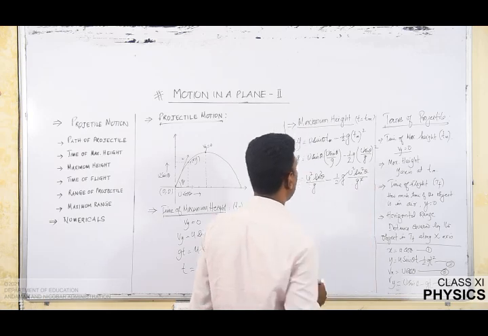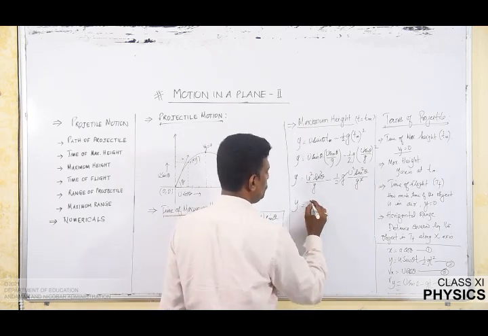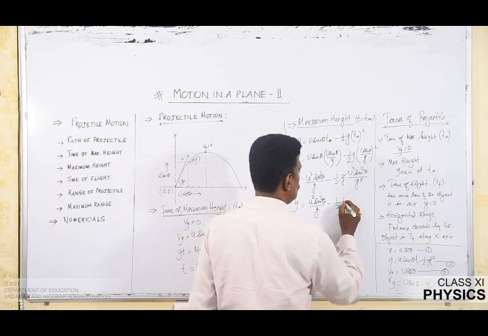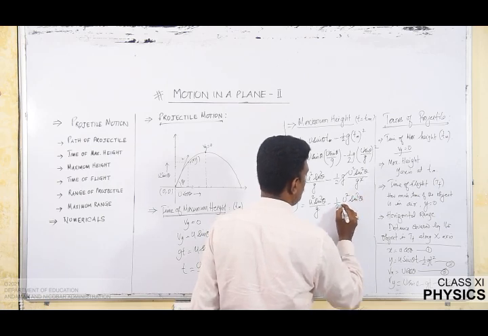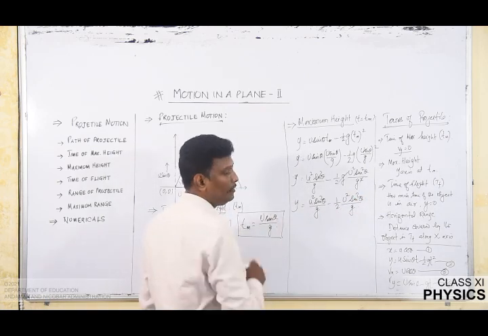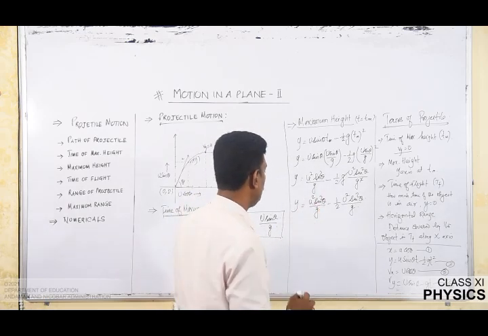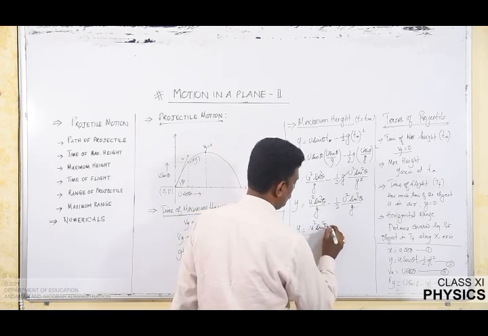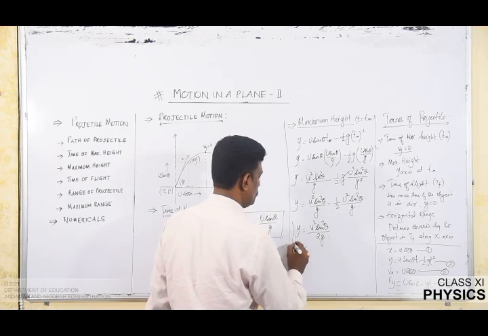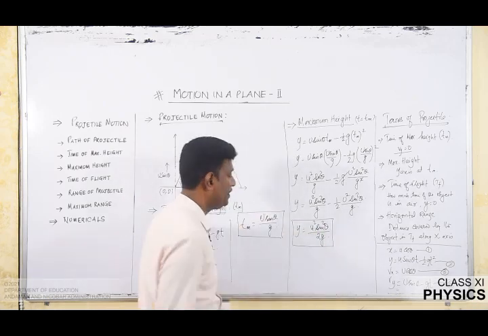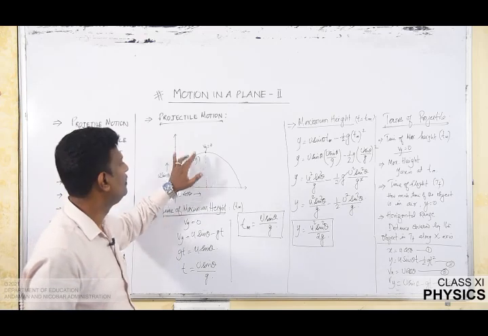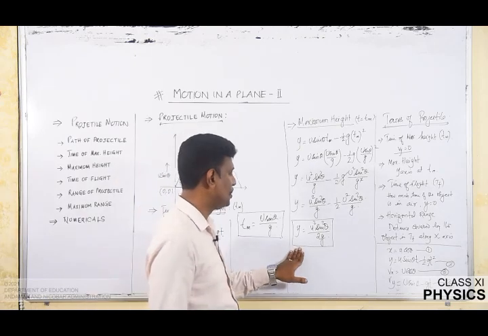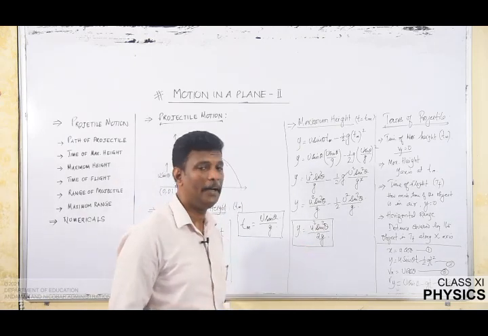This g and g will get cancelled. We will be having y is equal to u square sin square theta by g minus half u square sin square theta by g. Taking common u square sin square theta by g, we will be having y is equal to u square sin square theta by 2g. So, this is the maximum height attained by the object at Vy equal to 0, or simply maximum height attained by the body, y is equal to u square sin square theta by 2g.